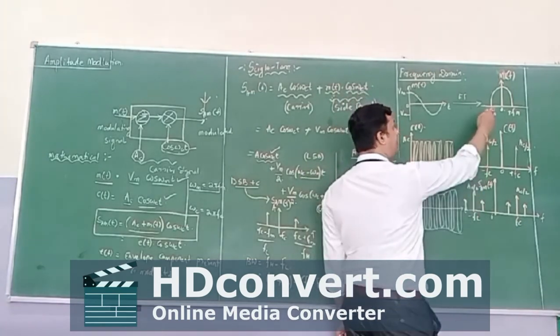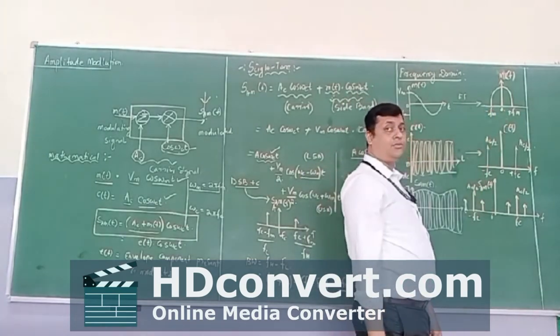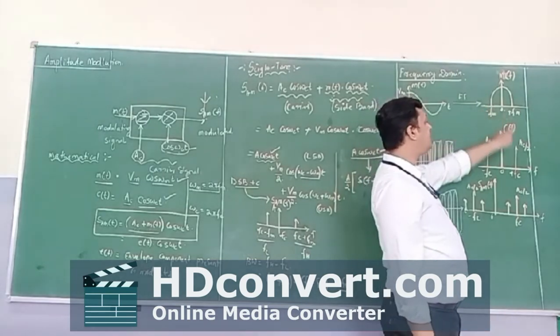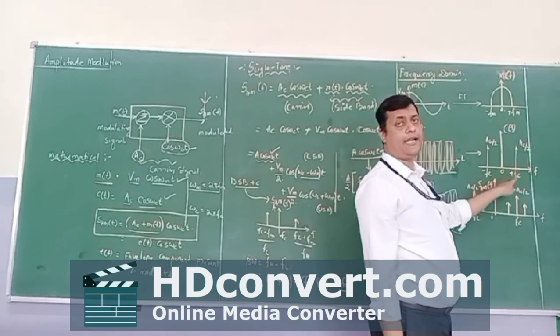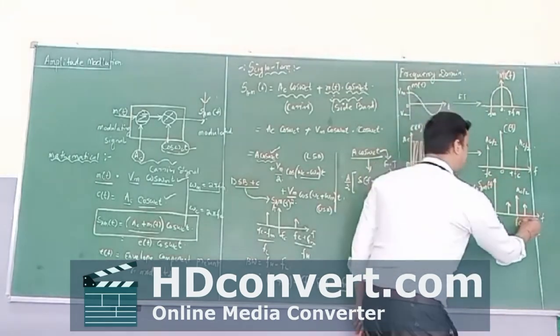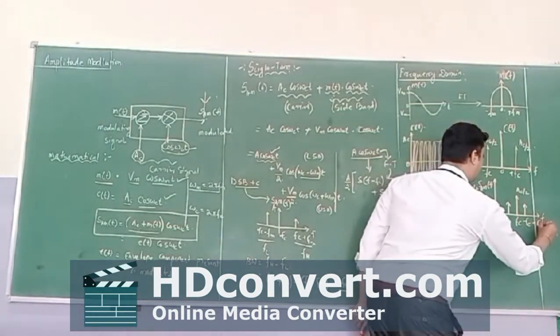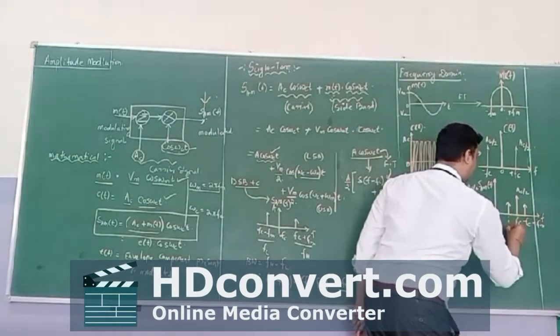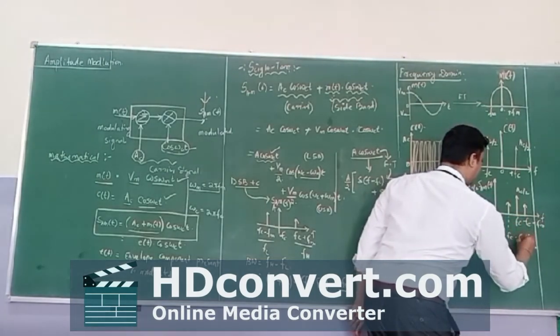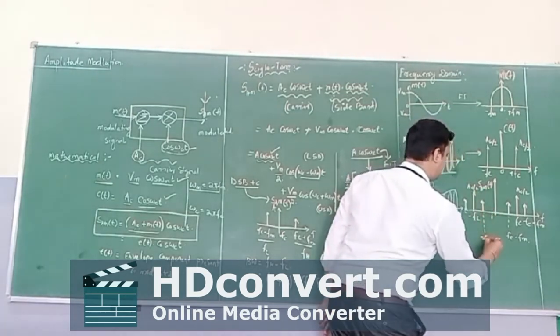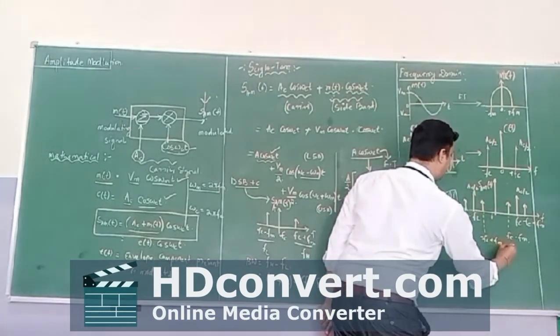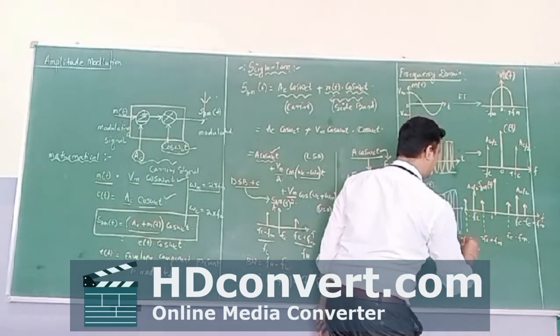If I impose the modulating signal on this, it will spread to f plus fc and f minus fc. So this is fc plus fm, and this one is fc minus fm. Similarly, this component is minus fc plus fm and this component is minus fc minus fm.